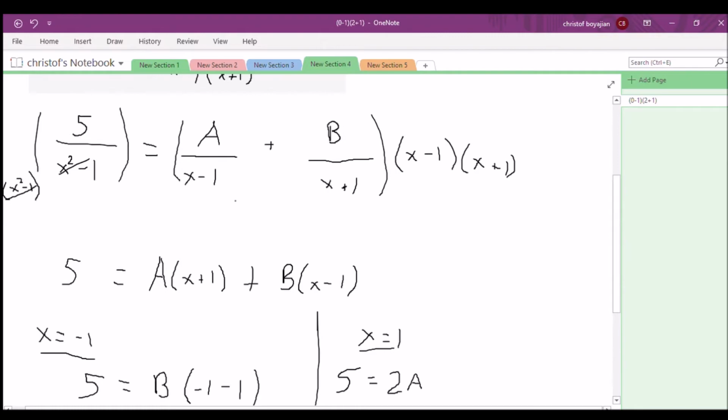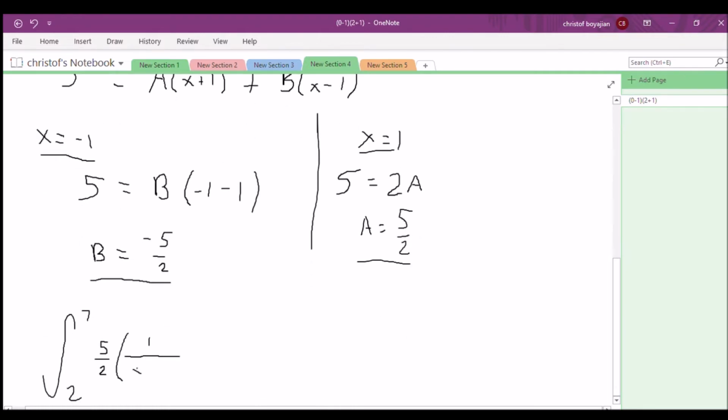So x minus 1 over here, that's for our a term, times dx, and then plus, right, the integral of negative 5 over 2, that's our constant b, times 1 over x plus 1 times dx. And the bounds are from 2 to 7.